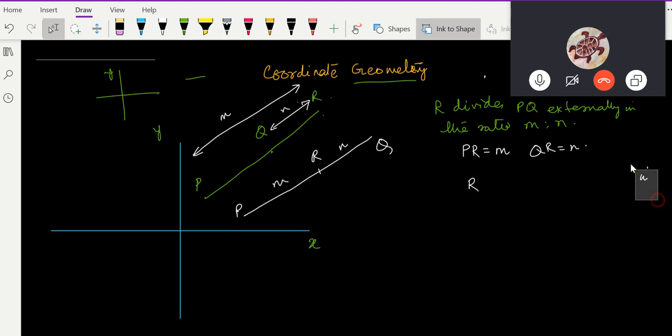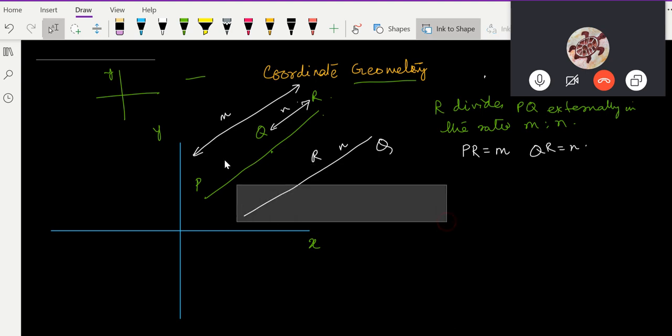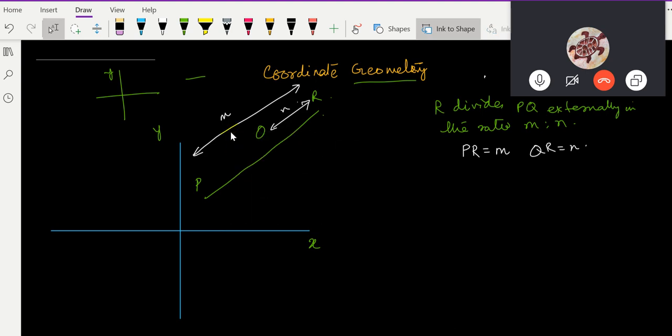Now let us see how we can find the coordinates here.